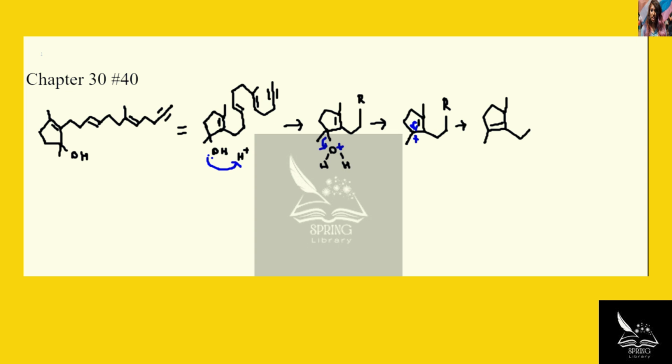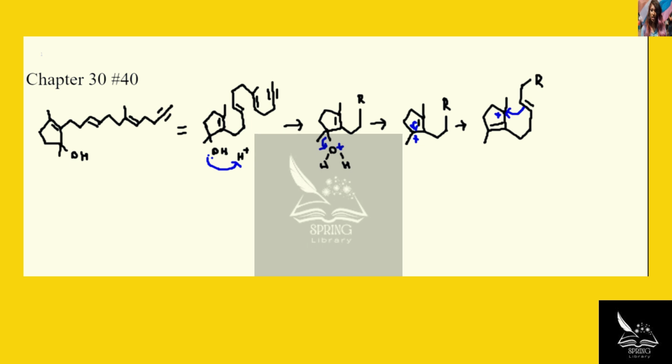And now I think we need to draw a little bit more of the molecule because other parts of this molecule are going to be taking part now. So we'll throw the R group there. We'll call everything past there R. So that. And now our carbocation is on that carbon. And what's going to happen now is this double bond can attack that carbocation.